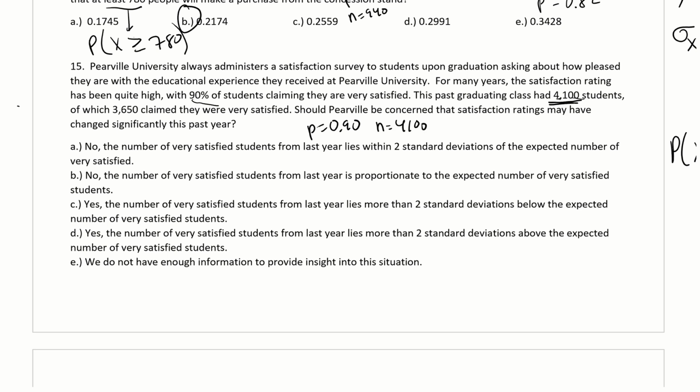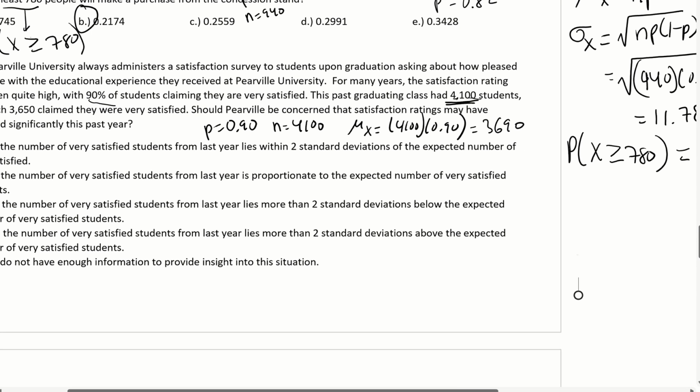Let's calculate the expected value: 4,100 times 0.90, in other words 90% of 4,100, which is 4,100 minus 410. So it's 3,690.